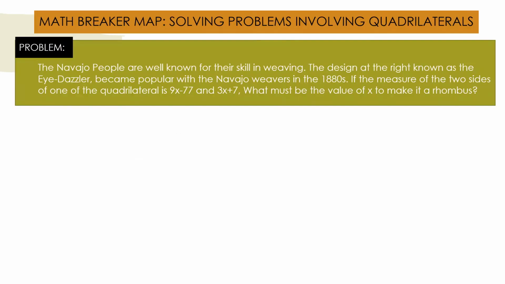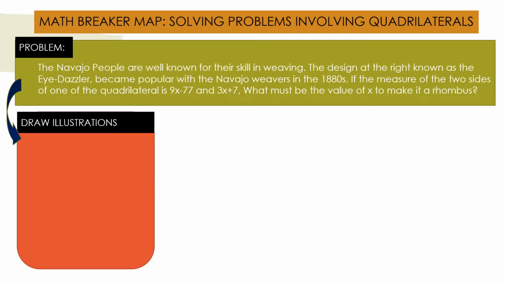Let us use a math breaker map to solve the problem. So we need to verify that the given figure is a rhombus. Let us verify by using the illustration first. So let's say this is our figure, and the sides are 9x minus 77 and 3x plus 7.